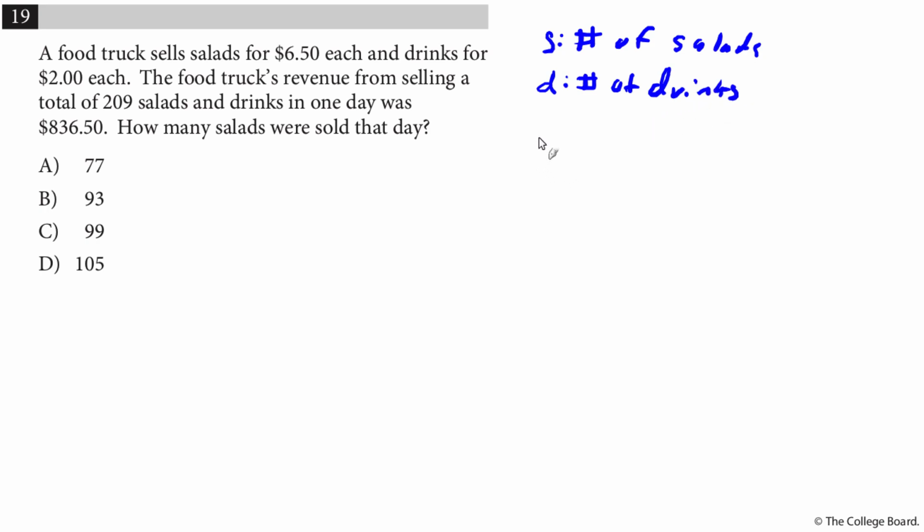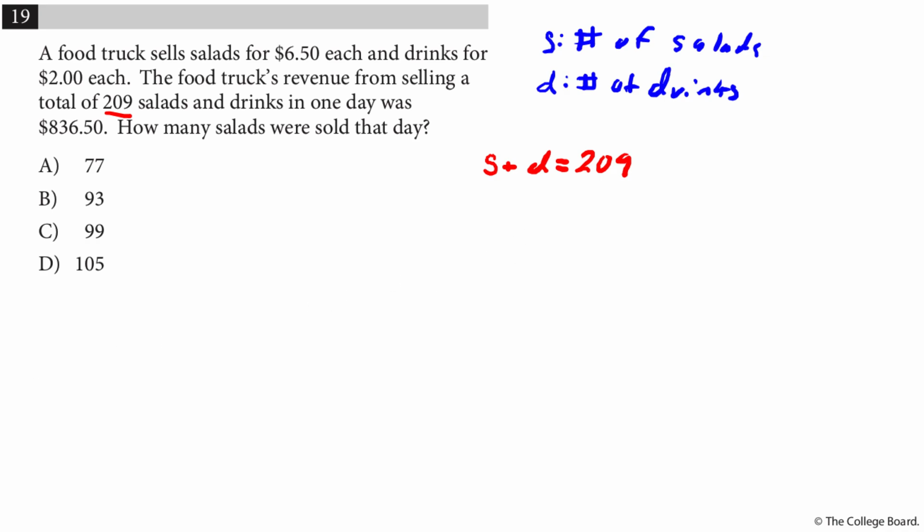So now I just need to write the two equations. So on one side of things, I know that I have sold a total of 209 salads and drinks. So that means S plus D must equal 209.